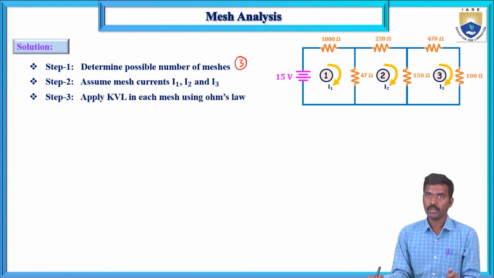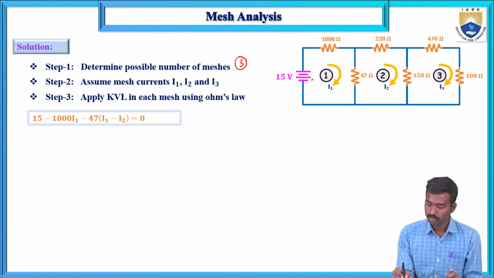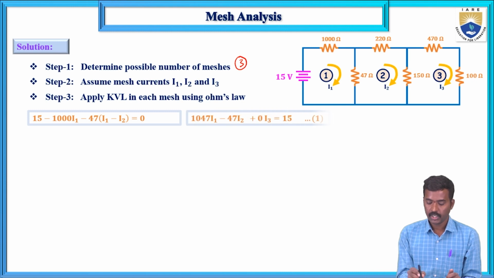Step 3: apply KVL in each mesh using Ohm's law. First one: 15 equals 1000 I1 plus 47 (I1 minus I2), equals 0. The simplified equation: 1047 I1 minus 47 I2 plus 0 I3 is equal to 15.